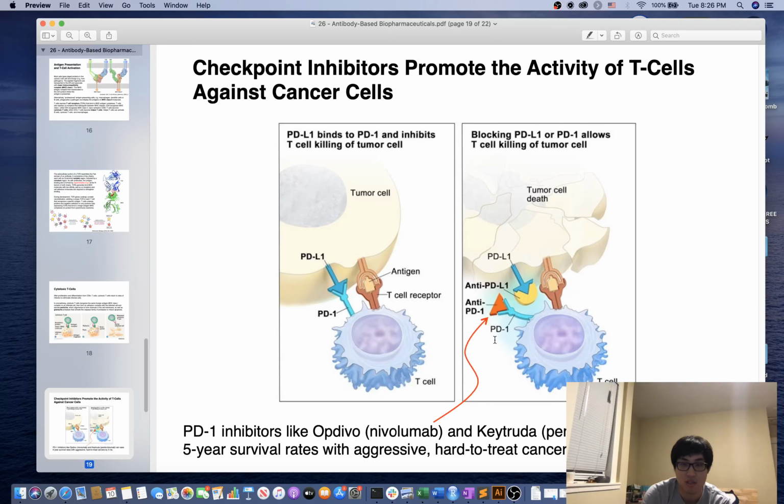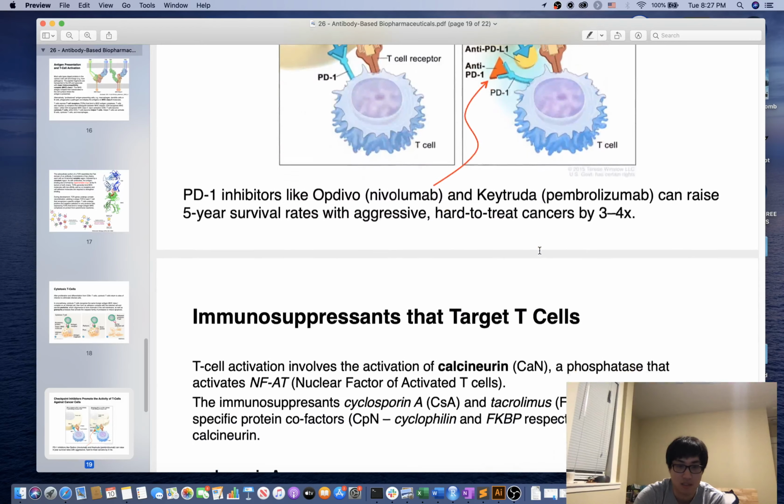But here, you want to block this one, so the T cell will not recognize this cell. Then this cell is not allowed to proliferate anymore, and then they go into cell death.